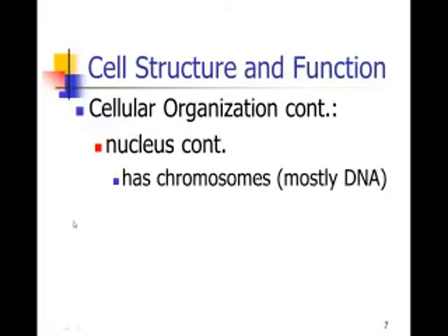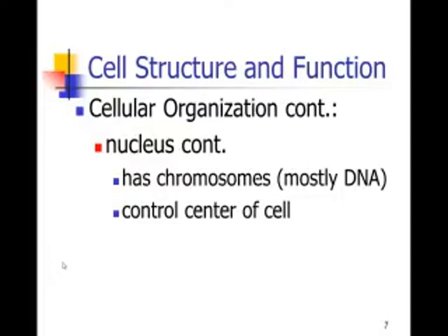Okay. Inside the nucleus are going to be chromosomes. The chromosomes mostly are DNA, but they also include some protein. And we're going to use the analogy that they're sort of like a book that has recipes in it, a cookbook.